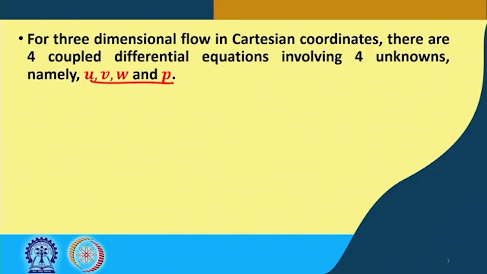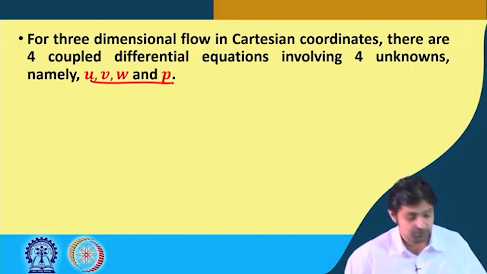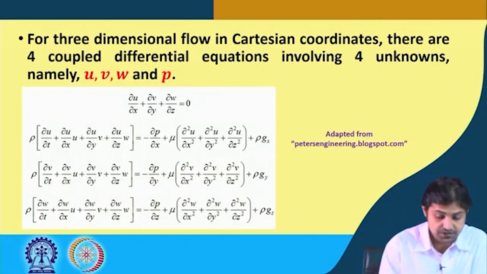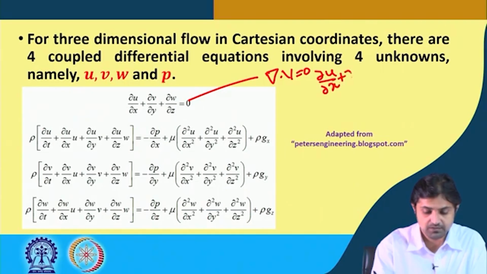And if there are 4 variables u, v, w and p, there are 4 coupled differential equations. So these are the 4 equations. So this is nothing but del dot v is equal to 0, as it is written: del u by del x plus del v by del y plus del w by del z.